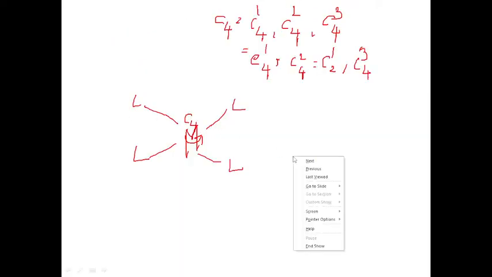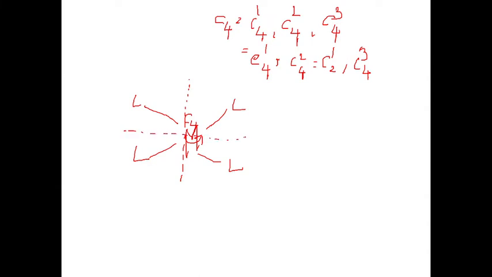Now the next, C2 prime. You can have a C2 axis lying here. Here is one C2 axis, and here is another C2 axis. And there are two more C2 axes here. This is one C2 axis and this is another C2 axis. So how many C2 axes are there? 4 C2 axes are there.